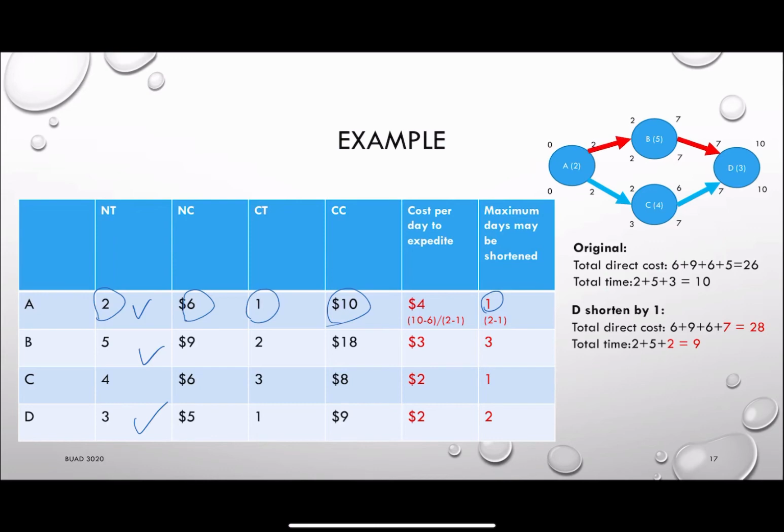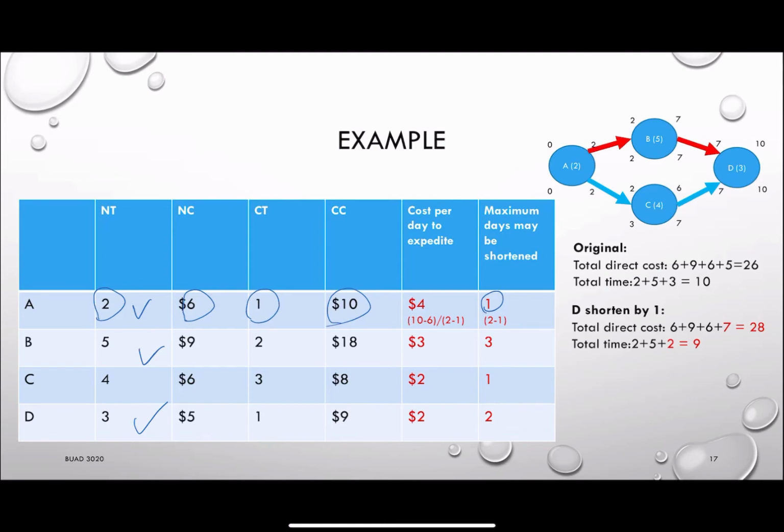But then we can try to see what would be the cheapest one that we can work on. So we know for A, it will be $4, for B, it will be 3, for C, it will be 2, and for D, it will be 2. C is not on our critical path, so we have to ignore it. So the only thing we can do will be activity D. Okay? So let's say I reduce activity D's duration by 1 unit.